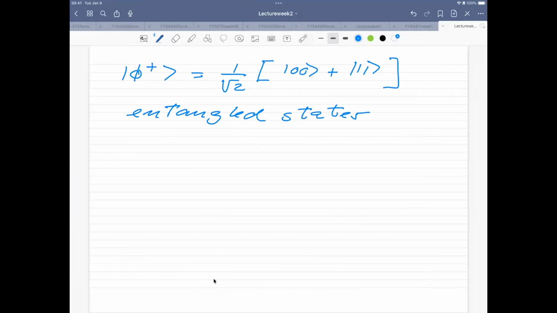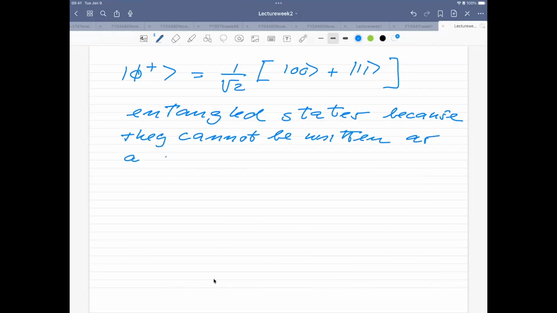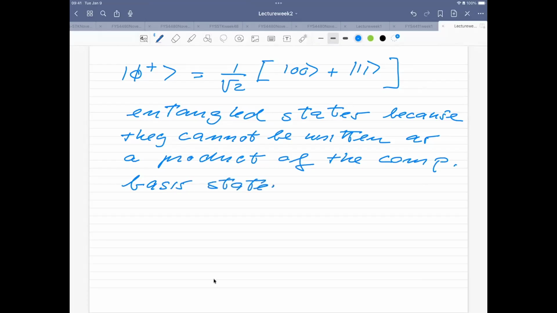But these are called entangled states because they cannot be written as a product of the computational basis states 0, 0, 0, 1, 1, 0, and 1, 1.